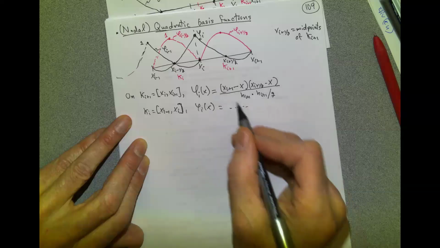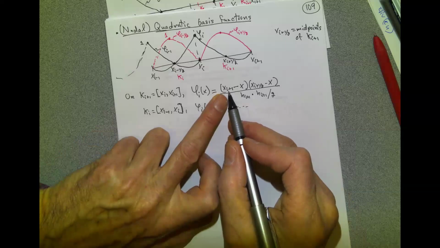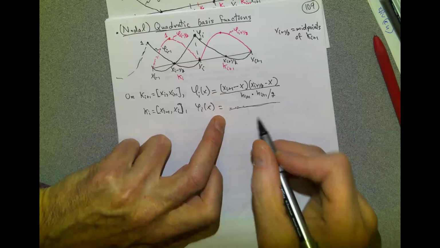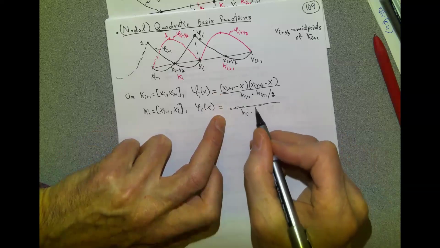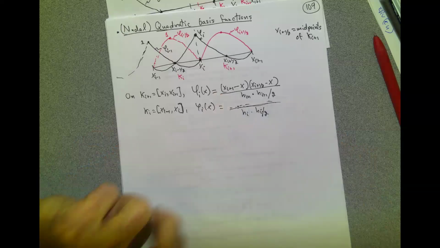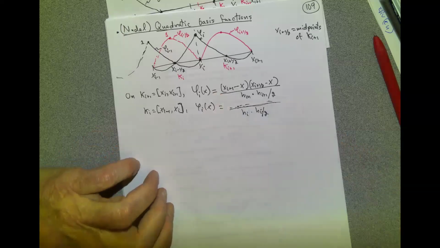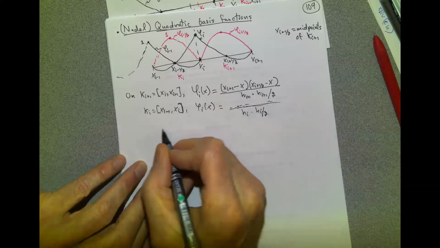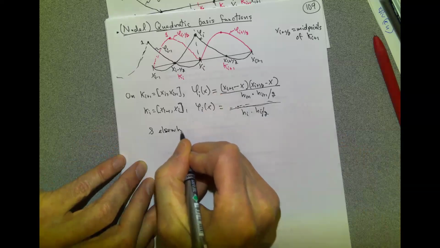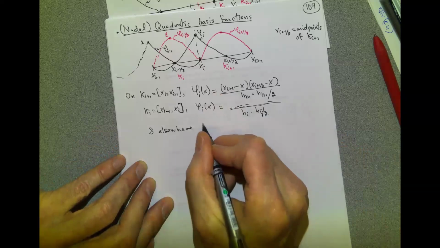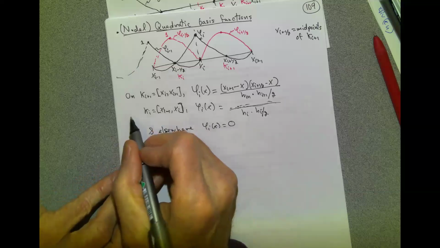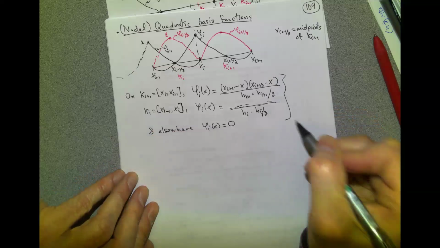It's a similar expression. It's going to involve hi times hi divided by 2, in fact, and there would be a factor. I will add them in when I get to the office. I don't want to spend too much time. And elsewhere, phi I of x is equal to 0. So these are the 3 conditions that you have to impose on your function phi I.